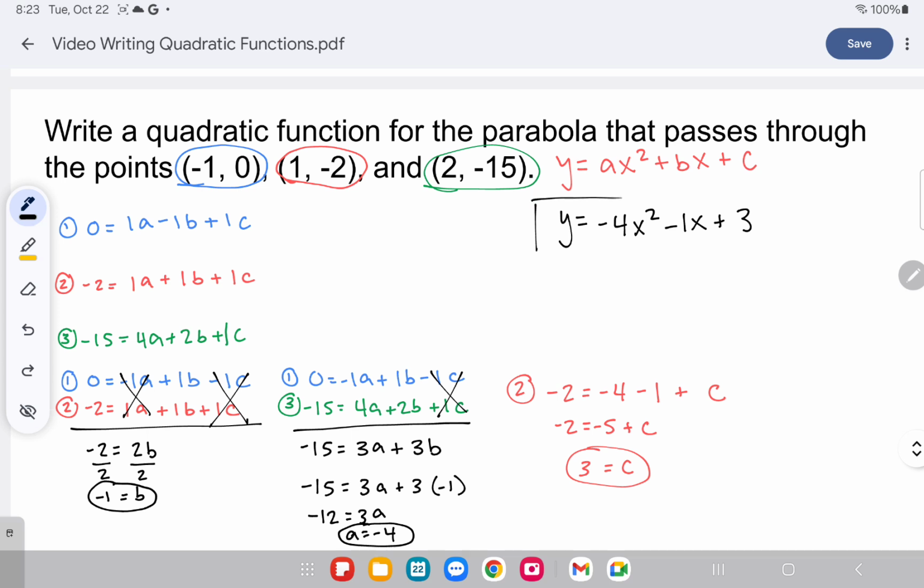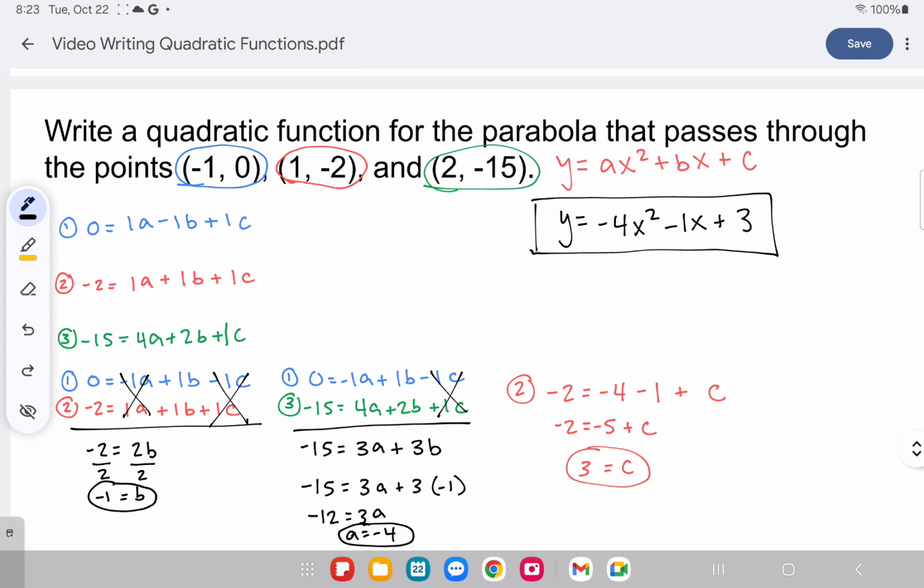So just a quick recap on what we did here. We did not know the vertex. We did not know both intercepts. So we could not use vertex form or factored form. Instead, we needed to use standard form. And to write an equation in standard form, we have to find A, B, and C. Because we have three variables we're looking for, we need to set up three equations.